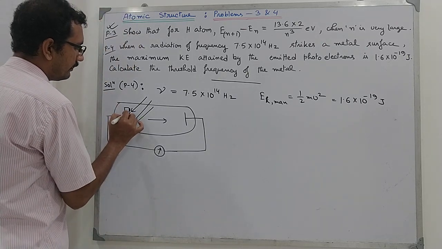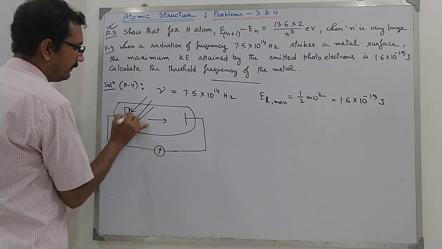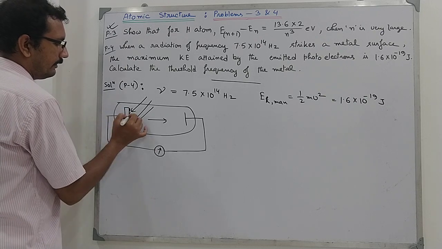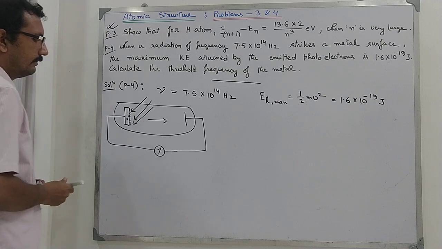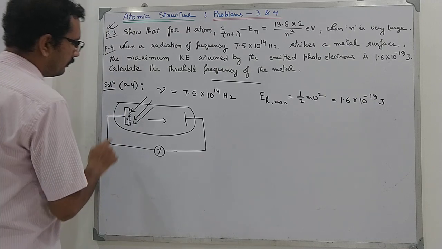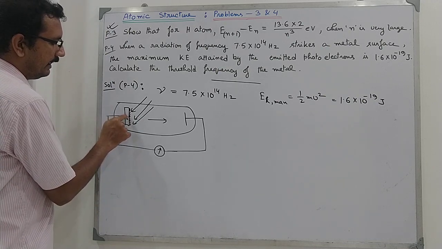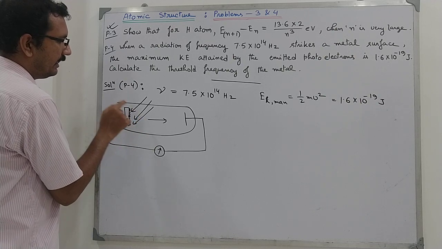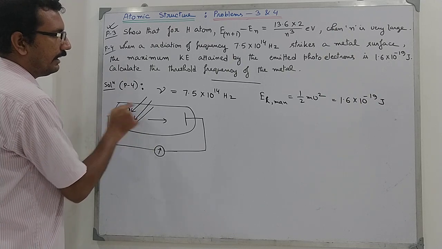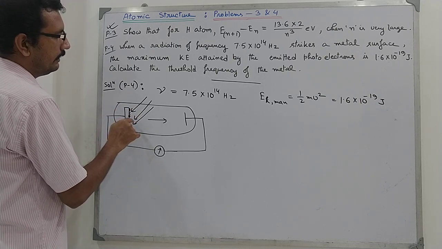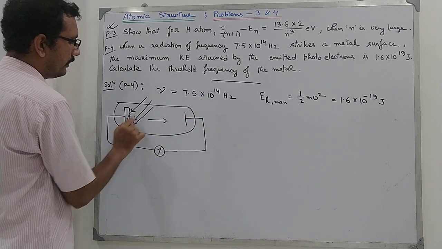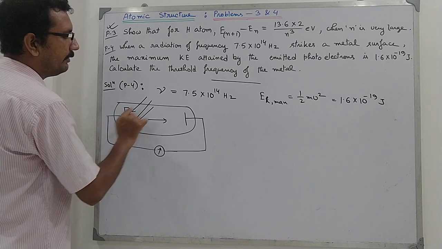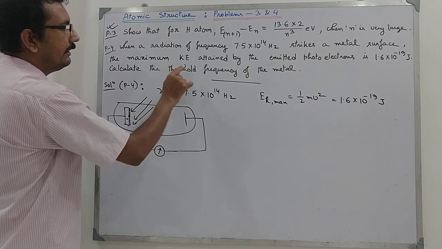Now some electrons are superficially placed, just at the surface, but some are deep seated. Now the superficially placed electrons will require only the threshold energy, and from this investment they will expend only the threshold amount, and the remaining will be converted to kinetic energy.